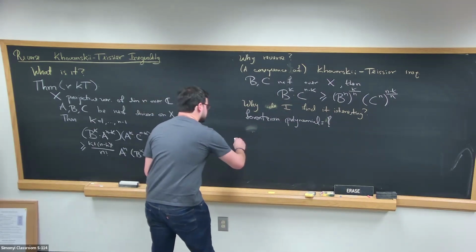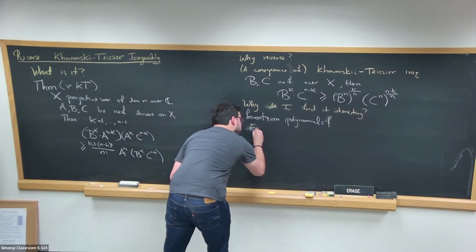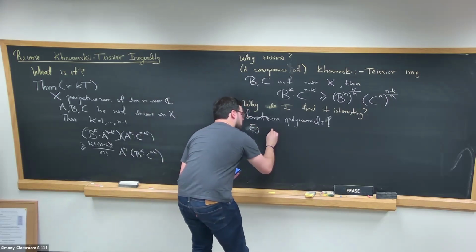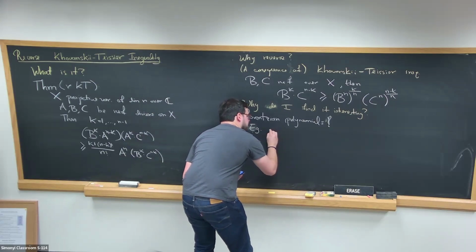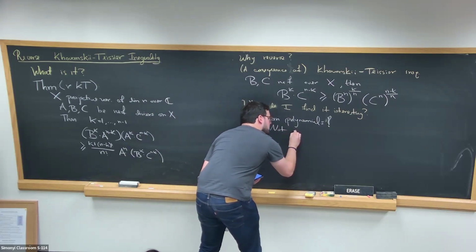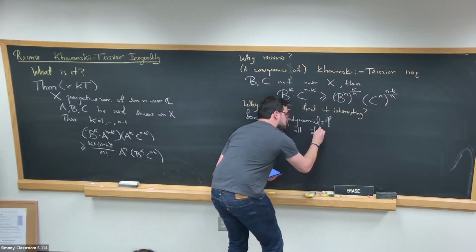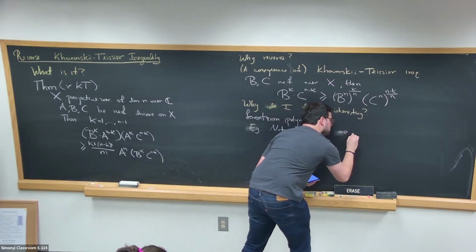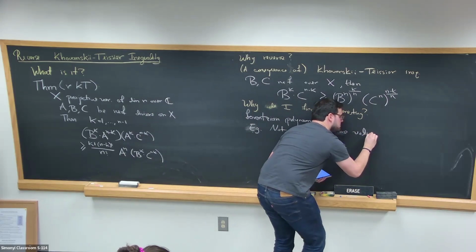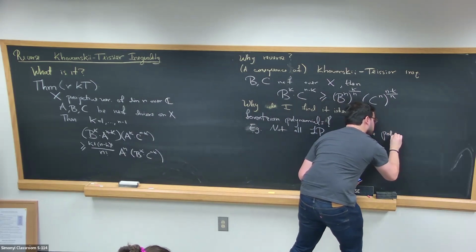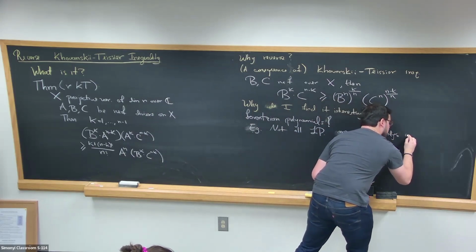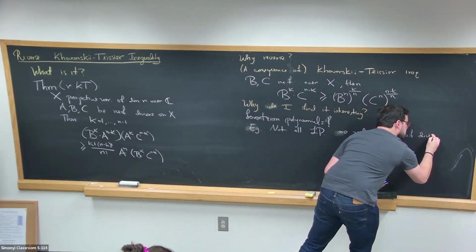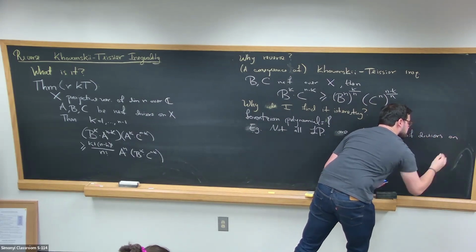And precisely this gives us an example of the fact that not all Lorentzian polynomials are volume polynomials of divisors.